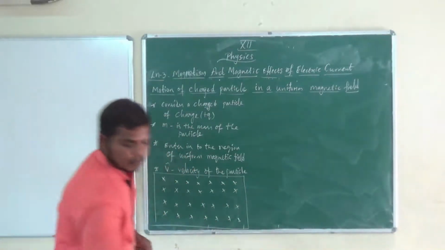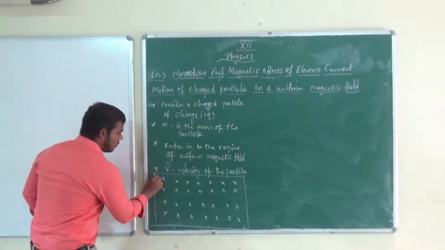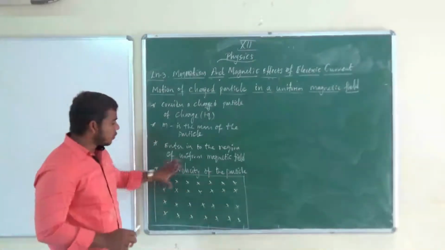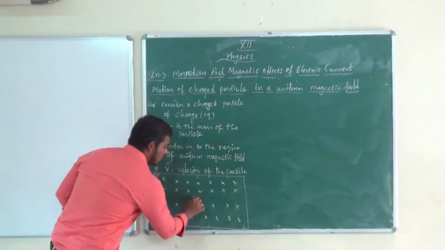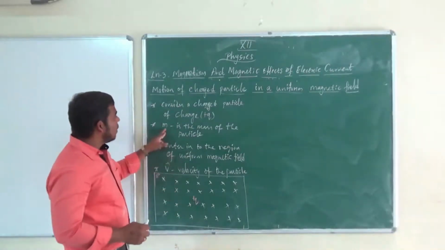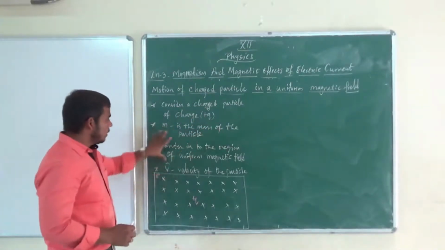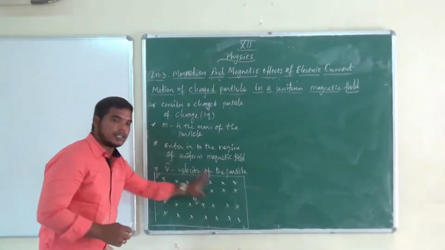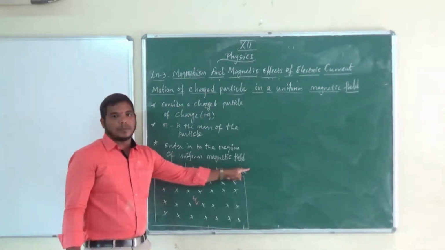See here, this cross symbol indicates the uniform magnetic field B, perpendicular to the plane of the paper. Now I keep the positive charge plus q, with m as the mass of the particle. That particle enters into the region of uniform magnetic field. How much speed it enters with, we don't know, that's why v is the velocity of the particle.